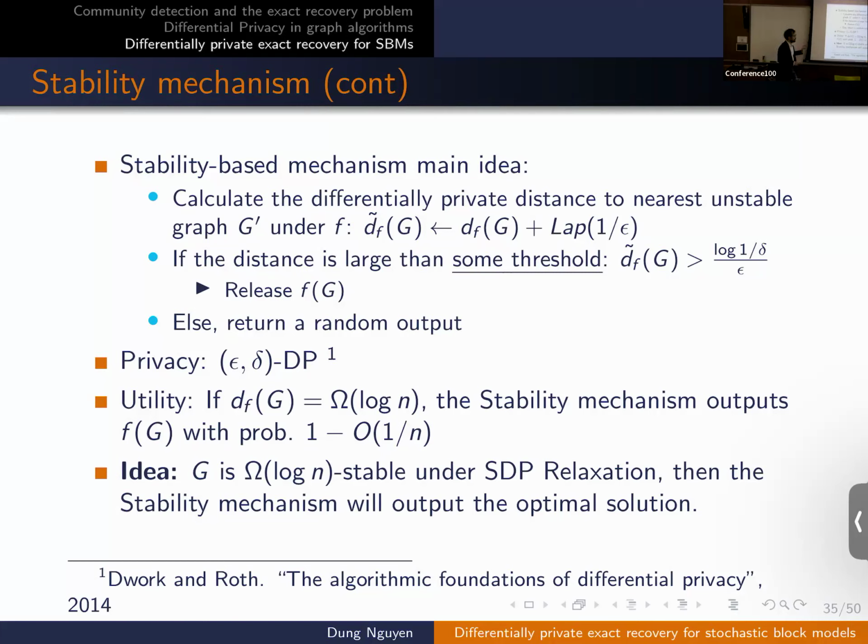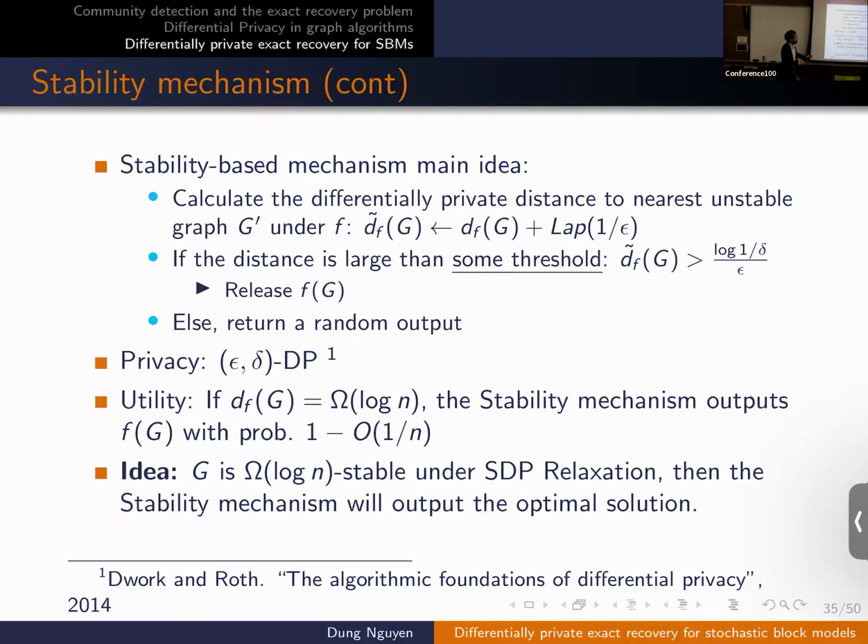The difficult thing is, does this mechanism provide exact recovery? We need to analyze it. This is the center of the work, because it's much more difficult to guarantee the utility than the privacy in this specific mechanism. So the idea is, if df of G is on the order of log n, then by using the property of the Laplacian distribution, this noisy distance d tilde df of G will always be larger than the threshold on the right-hand side here.